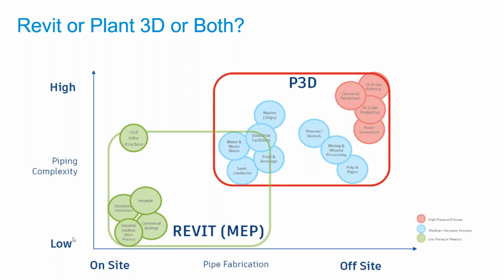And as soon as you reduce that complexity for pipes, in particular pipe fabrication, you don't really require isometrics. You work, for example, on a building such as a hospital, which has, let's say, cold water to feed HVAC units, and you have tap water systems and so on. This can be addressed in Revit itself. And then you have an area where you can mix both. So let's say for a wastewater treatment unit or project, you might be able to use both.